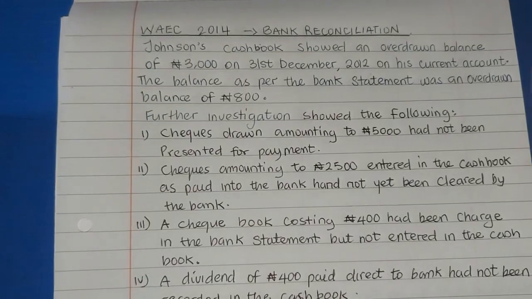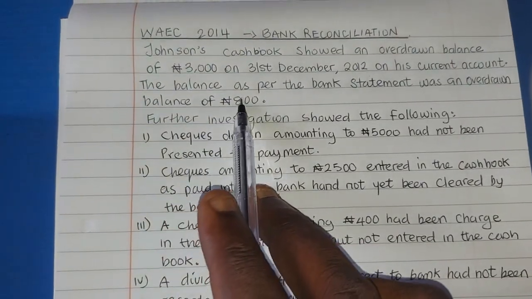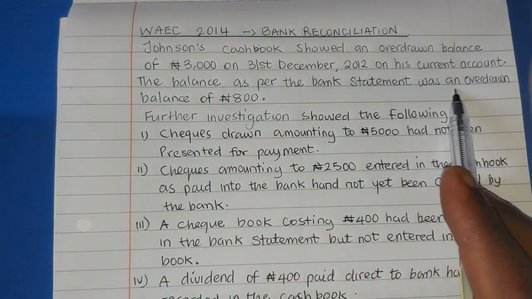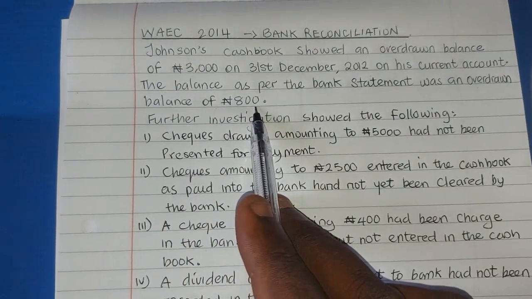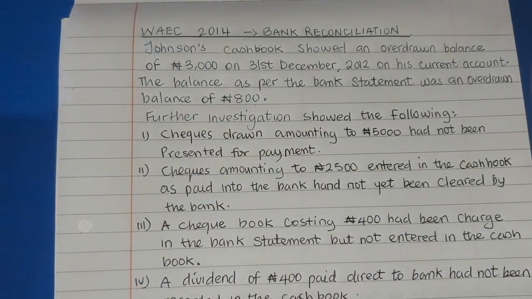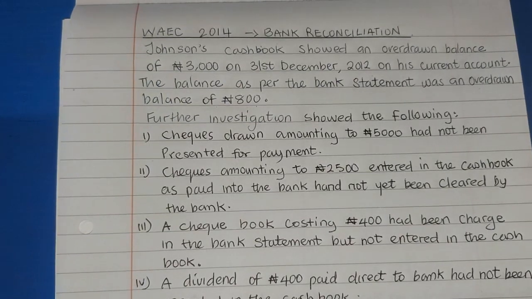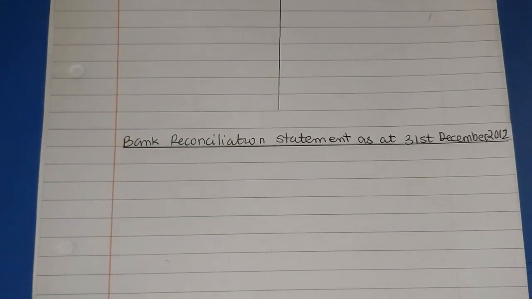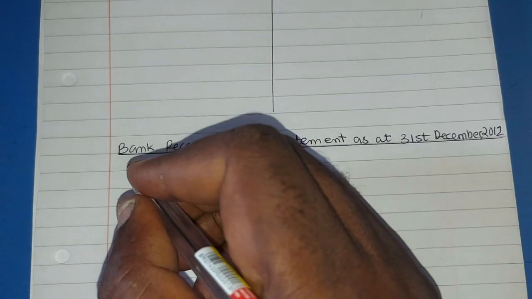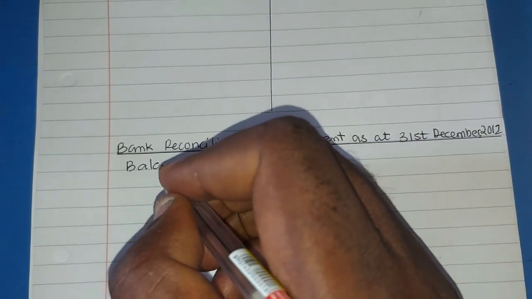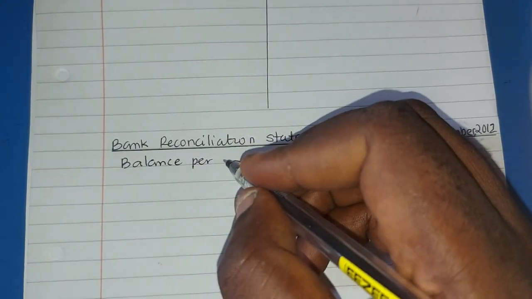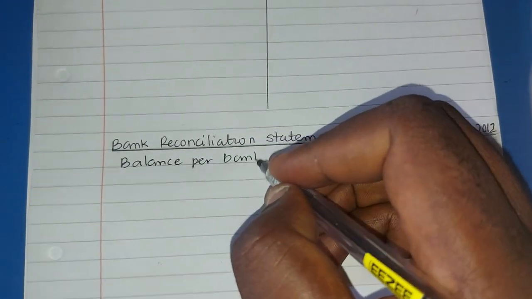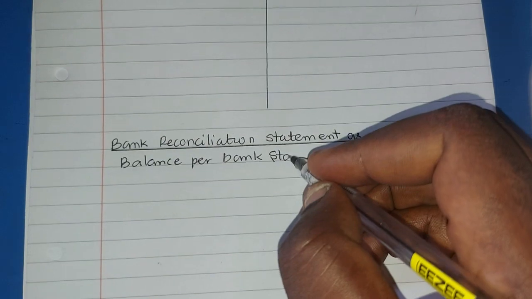Then the balance as per the bank statement was an overdrawn balance of 800 naira. Like I told you, an overdrawn balance will become a negative balance. So you go to the bank statement and write balance per bank statement.